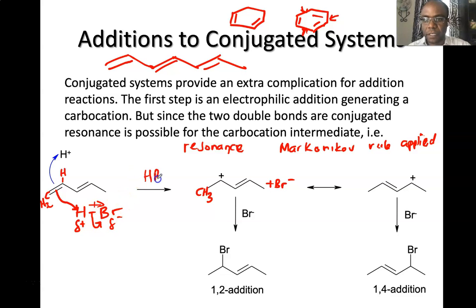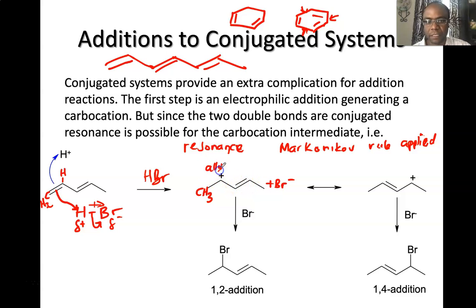If you are reacting this conjugated system, it's conjugated: double bond, double bond, single bond. If you add HBr to this conjugated system, this is what you'll get. The Br falls off. The H goes where there are more H's, and you get a plus sign. This is a carbocation, and it's not just a regular carbocation because there's a double bond next to the carbocation.